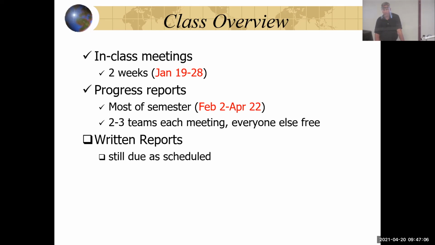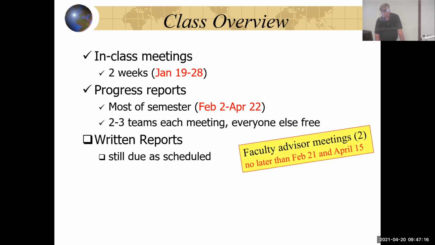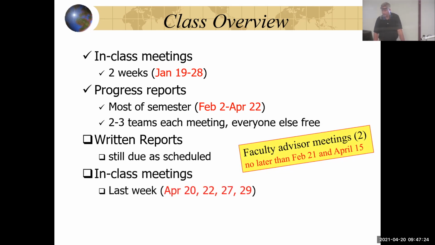So we're still in the final stages of the risk analysis and implementation plan report, and there will also be a final report due. Faculty advisor meetings are done, so hopefully you all got the benefit of meeting with the faculty advisor. So now we're in this phase right here, the in-class meetings.